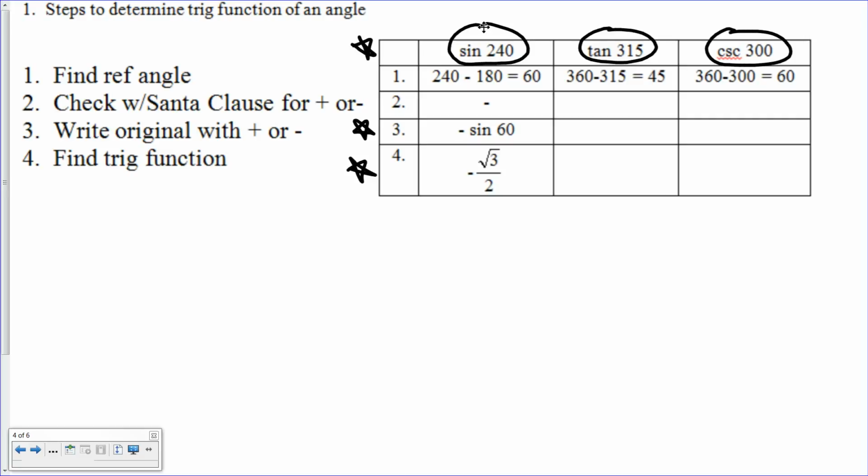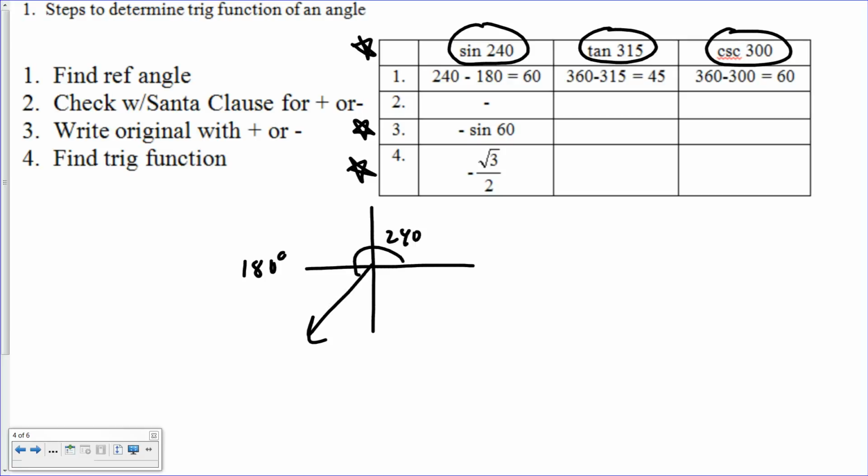So how do I do this sine of 240? The first thing that I would do is draw it. We know it's going to be in here. We know this is 180 degrees. And I could draw in that this is actually 240 now.